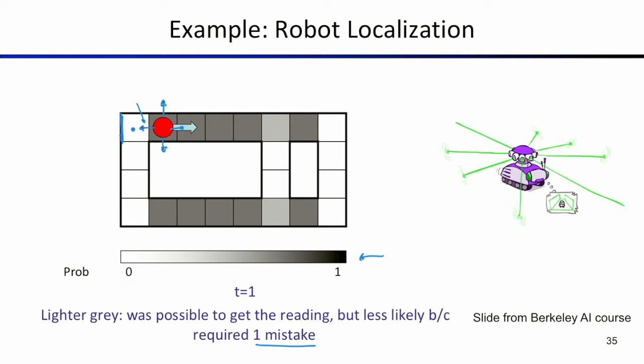So yes, that is one mistake. The second mistake is this sensor here that's saying there is a wall on the bottom, but actually there is no wall here. So in order to be in this position, it would require 2 mistakes. So this position will be impossible given our assumption of 1 mistake at a time.